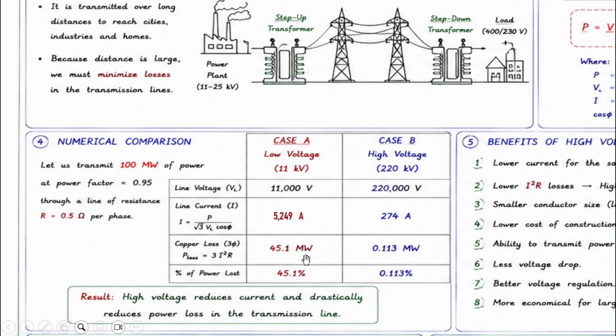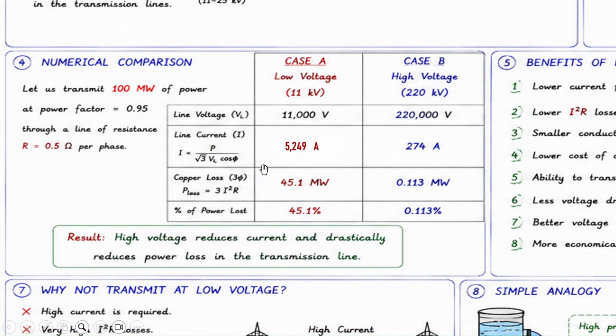Notice how we obtain a higher power loss for this case, even though the voltage is lower, whereas in here it is basically less than 1 megawatt. So to summarize, a lower voltage will lead to a higher current flowing through the transmission lines, whereas a higher voltage will lead to a lower current.